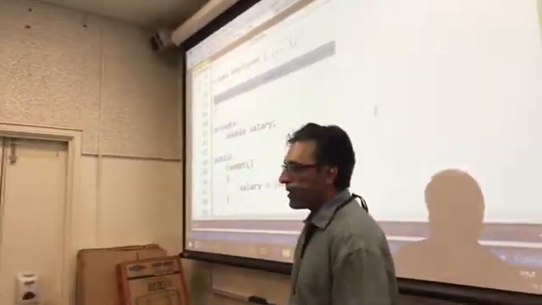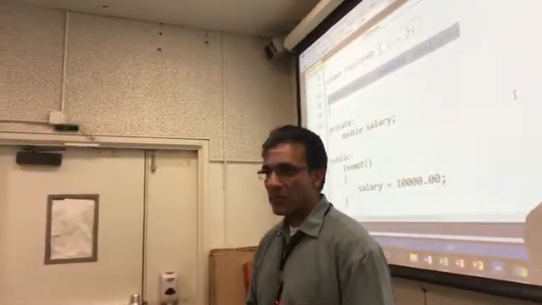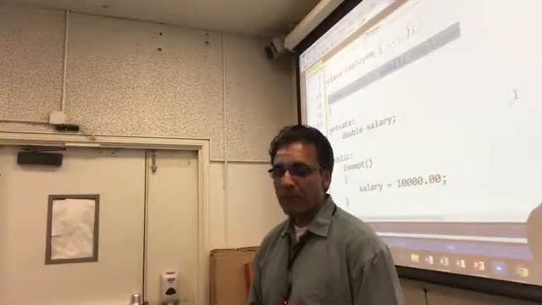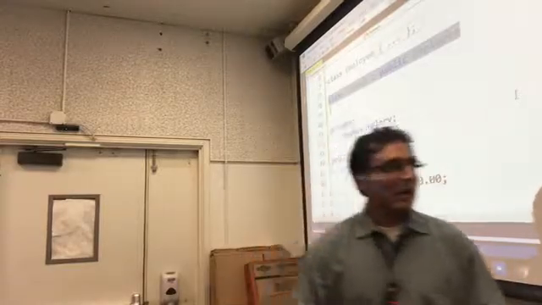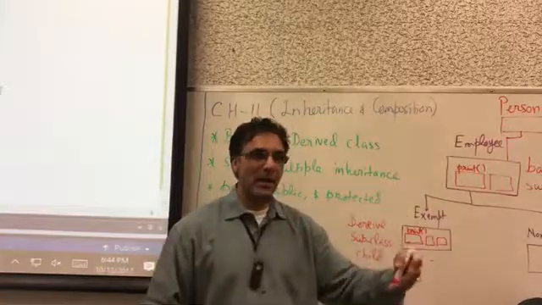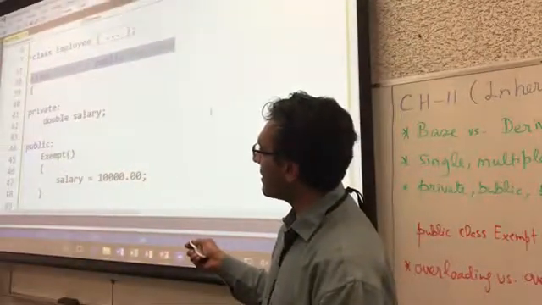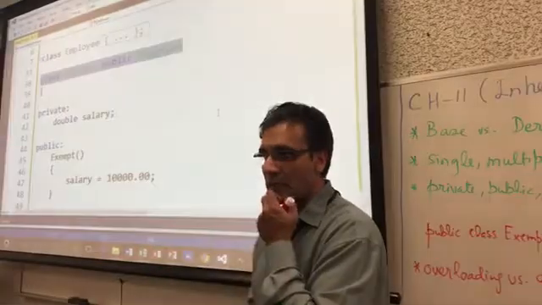Okay. Now, do you think exempt employees will have names assigned to them? Yes. Sure. But I already have identified this employee will have a name. So I don't need to redefine it. So this exempt employee can inherit the name from the employee class.